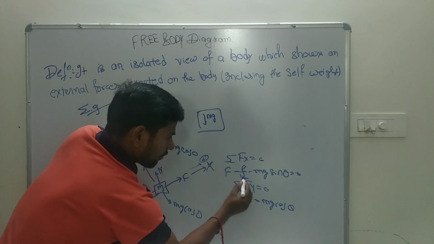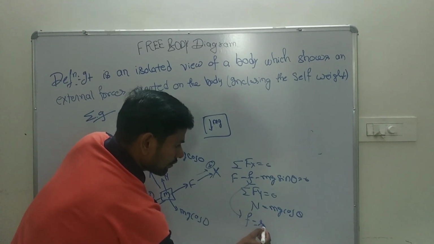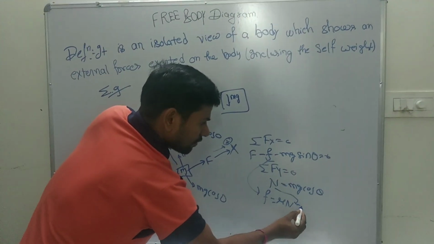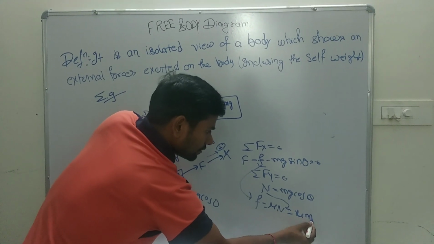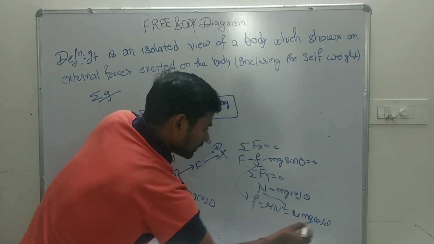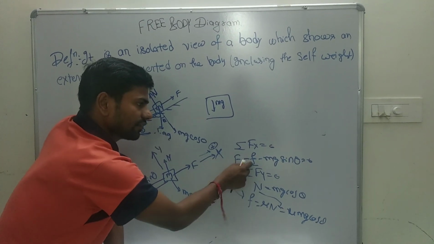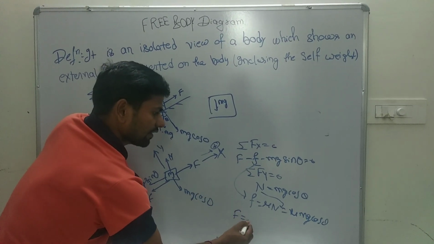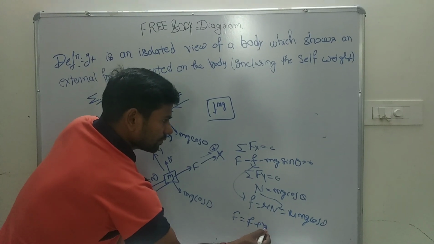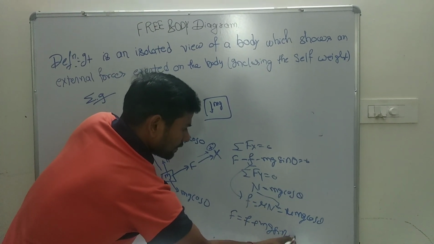As I already told, f is equal to mu times normal, and here normal is mg cos theta, therefore f is mu mg cos theta. We get the frictional force. Now we substitute the value of frictional force in this equation, then we get the external force F equal to f plus mg sin theta.